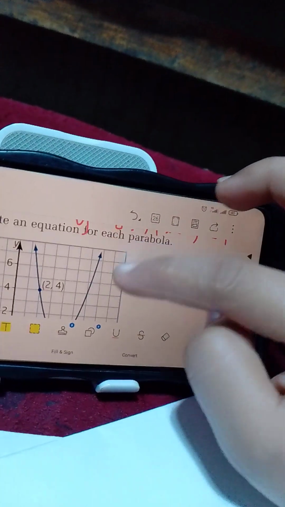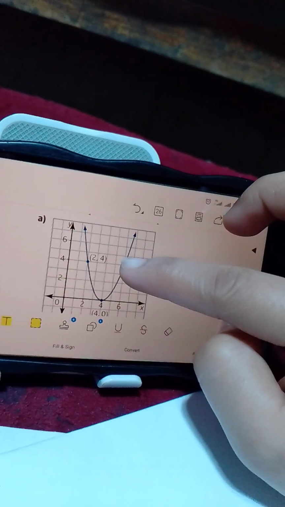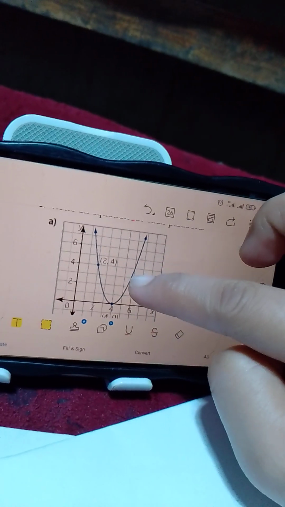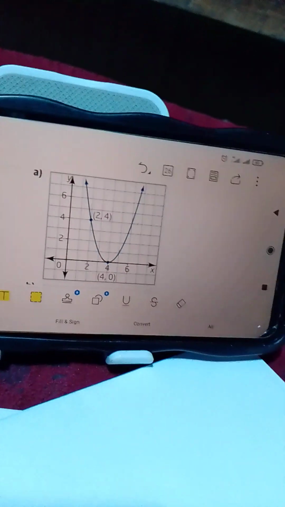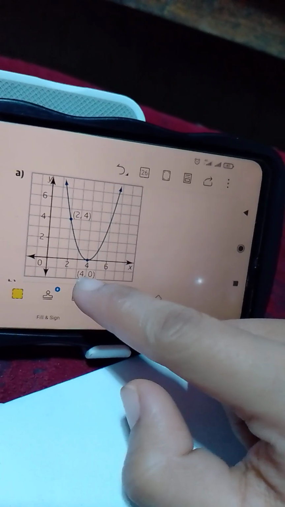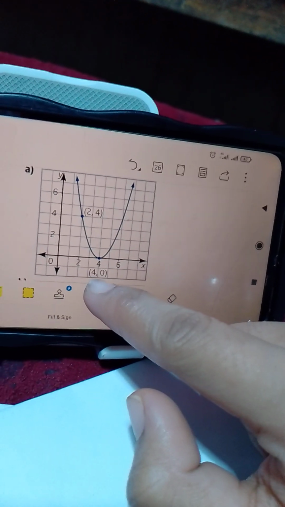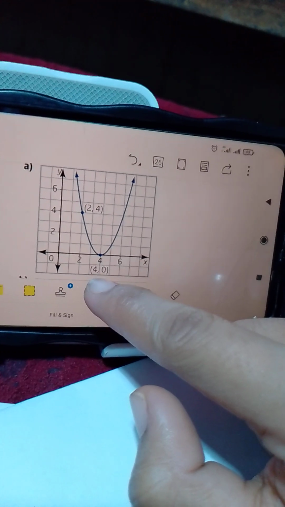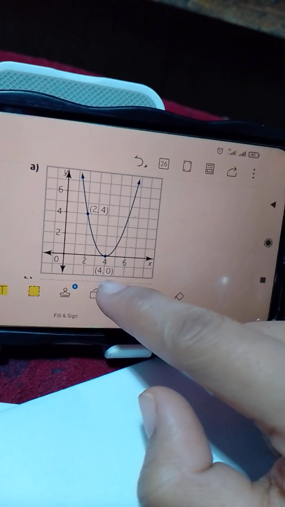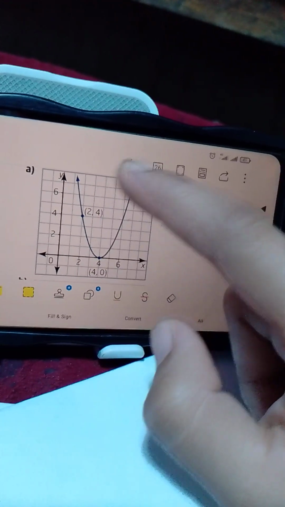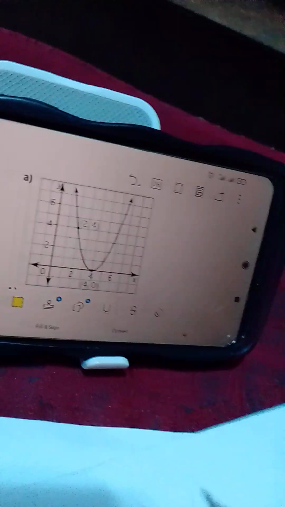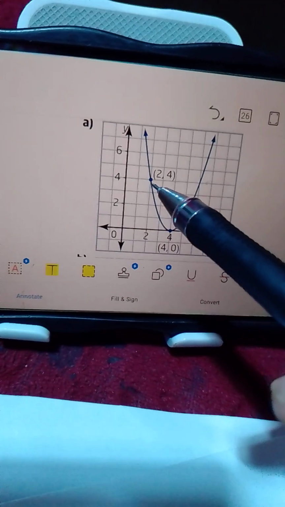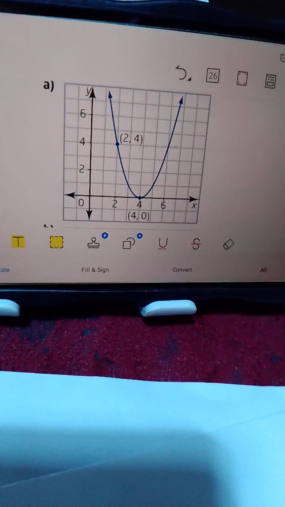We have here a given graph of a parabola. Our task is to find the equation. First, we cite the vertex, which is already (4, -3). All we have to do is find the vertical stretch. Again, we are given a point that passes through this parabola: (2, 4).